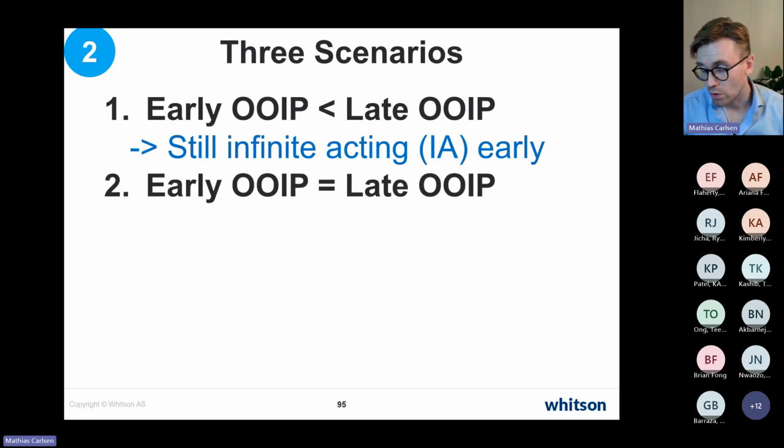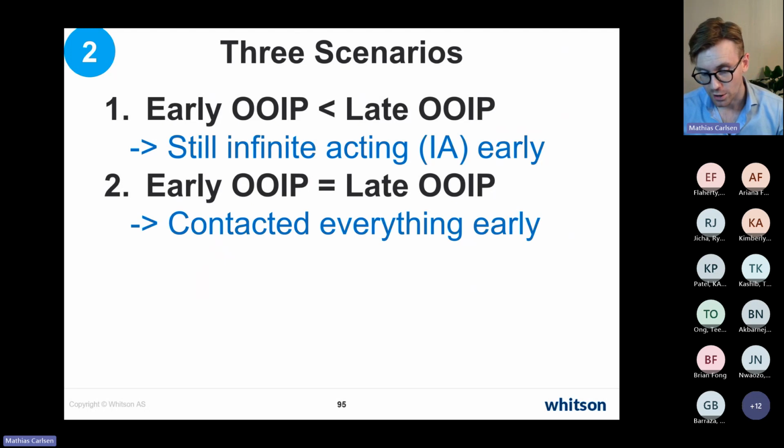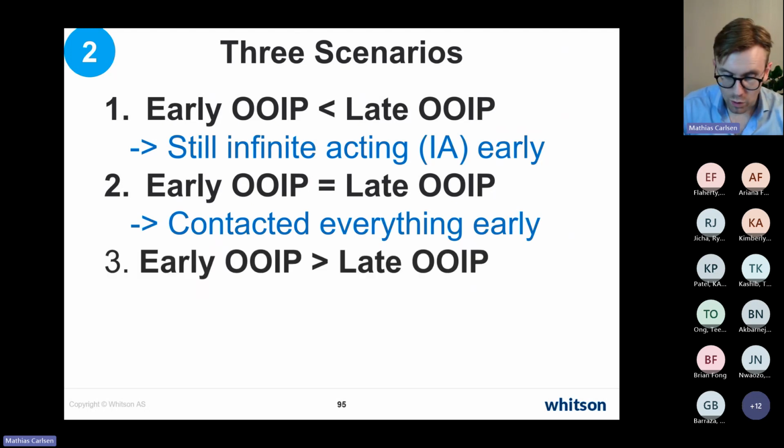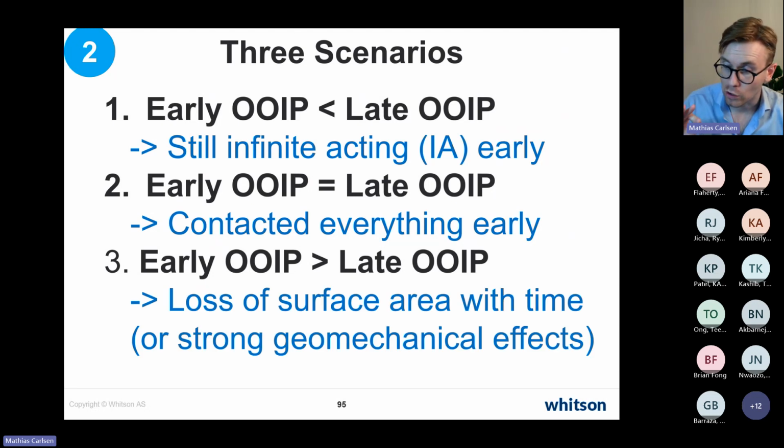Then you might have a case where your slope initially and the slope late time is the same, and that just means that you've contacted everything early. And then the third one would be that you have an early contacted oil in place that's actually larger than late contacted oil in place. And that could happen if you either lose surface area with time, or there's a strong geomechanical effect in your system, or maybe both.